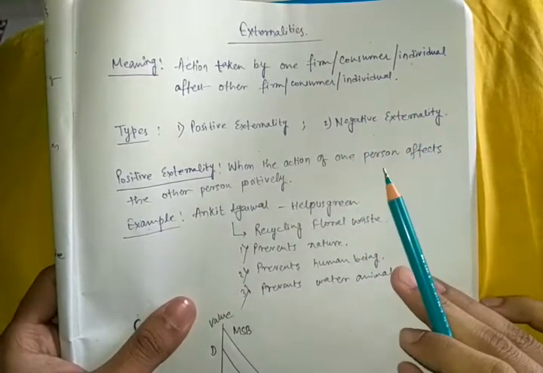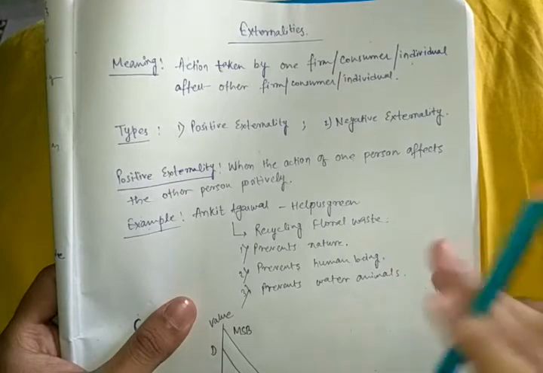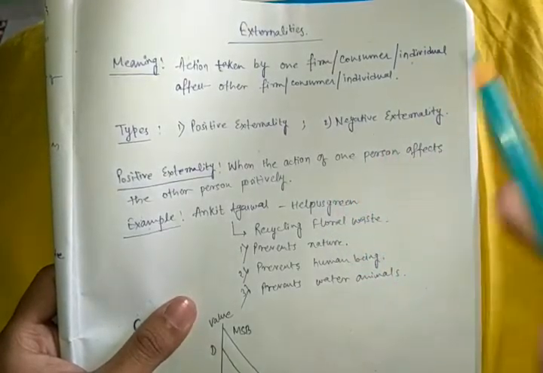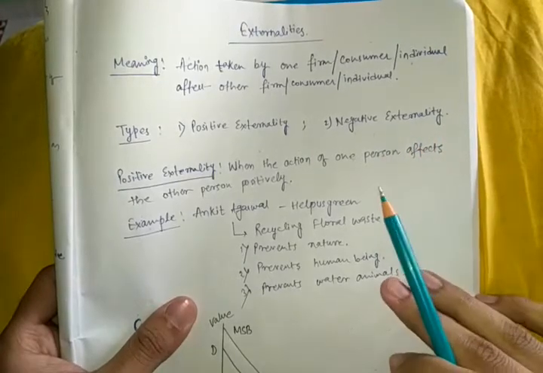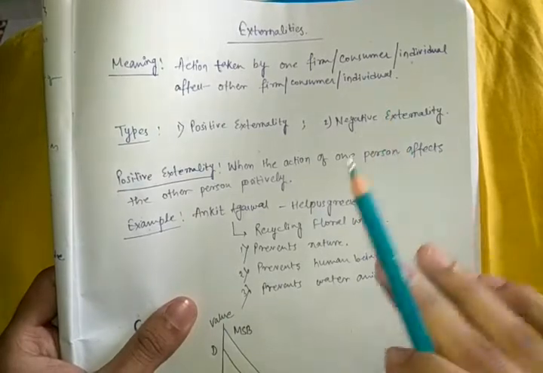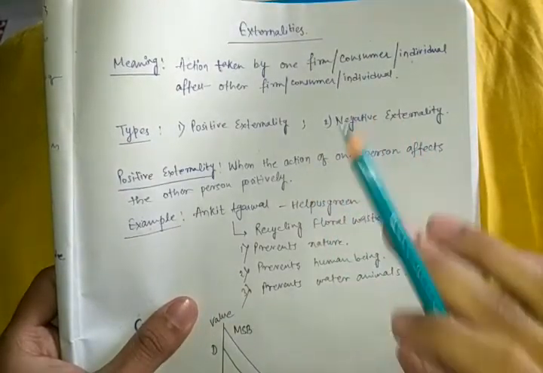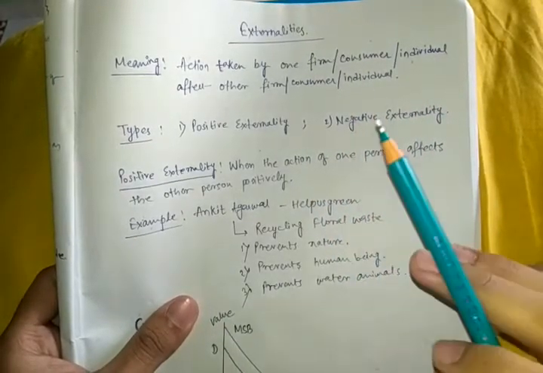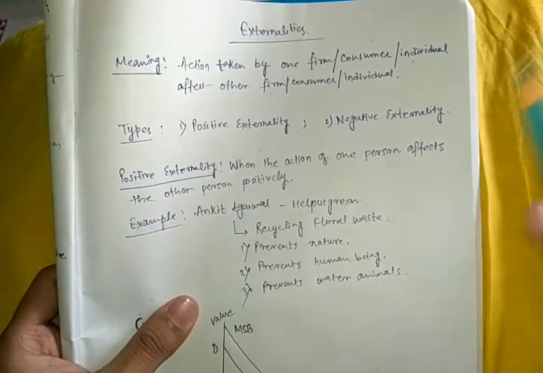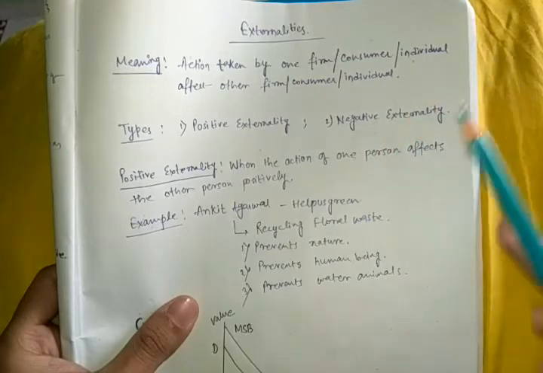How? Let's suppose a factory is emitting smoke. It directly affects the environment, right? So here externality occurs, because the factory emitting smoke is polluting the environment.